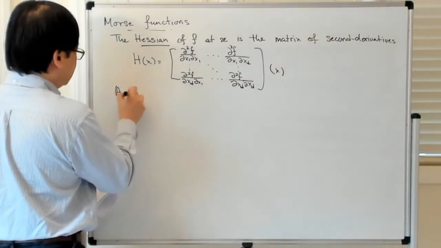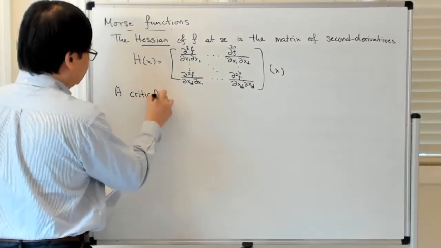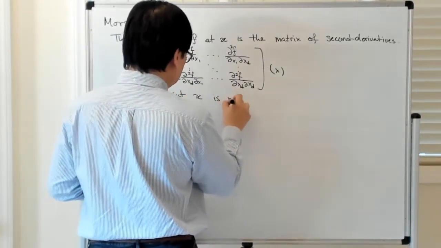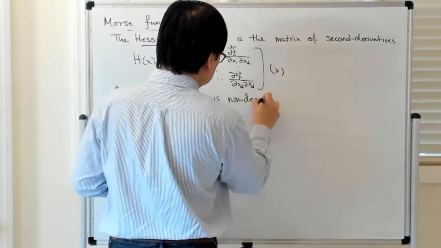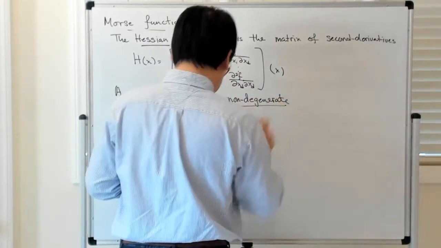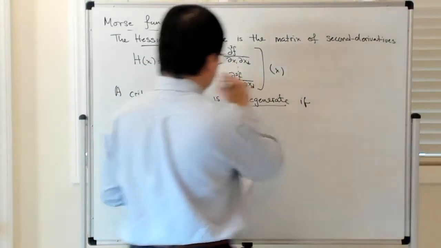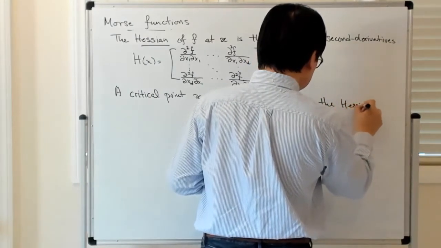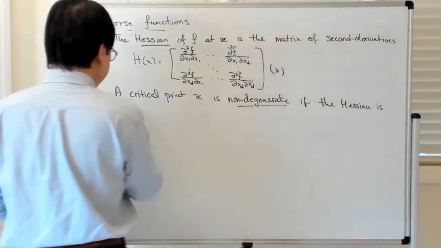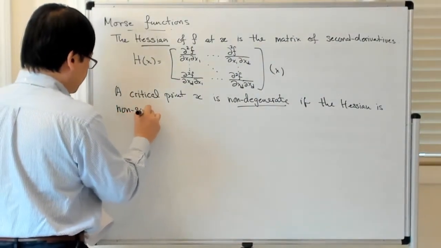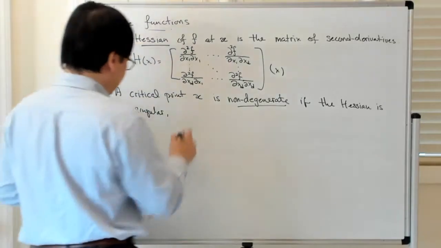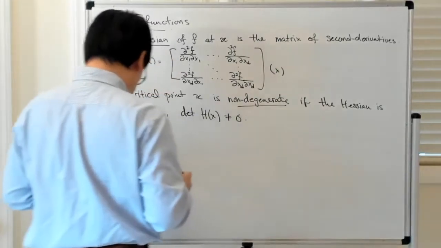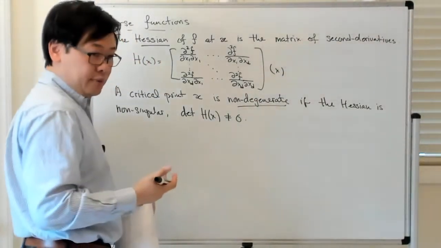A critical point x is non-degenerate if the Hessian is non-singular, that is to say that the determinant of H of x is not equal to 0. And again, as before, this does not depend on the choice of coordinates.